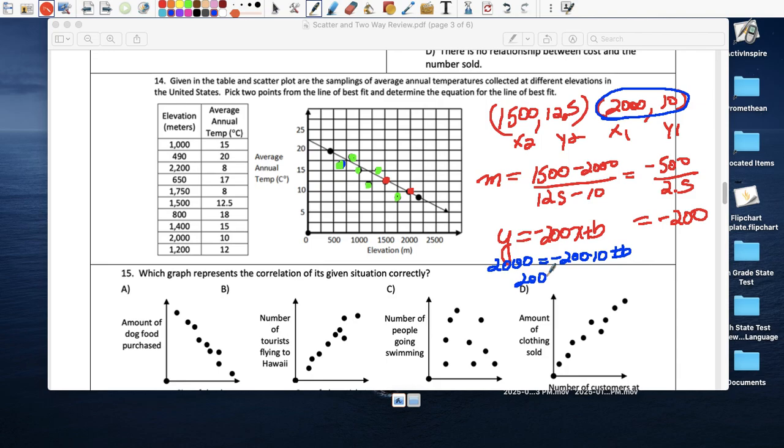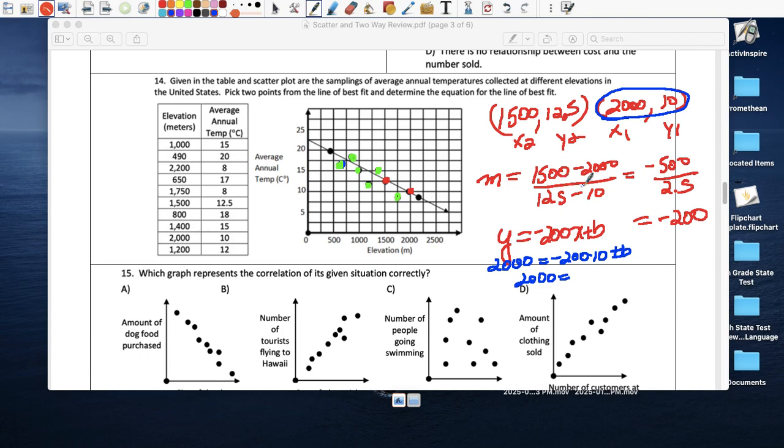Wait, did I do something wrong? 500 divided by 2.5.